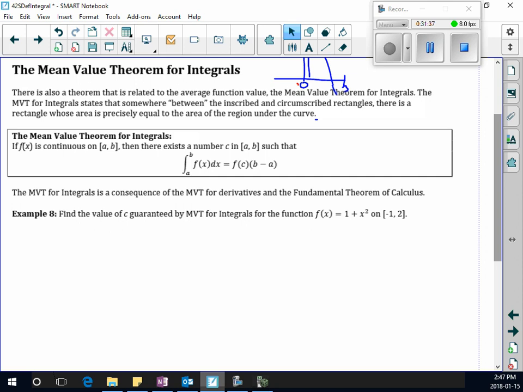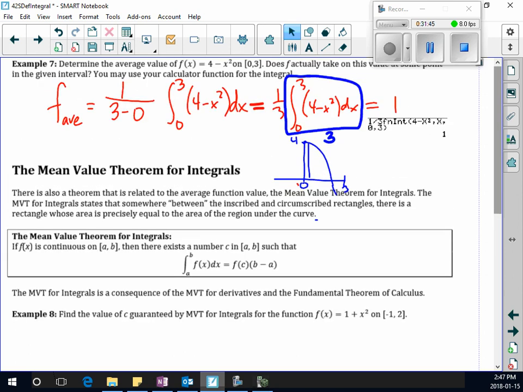So here the integral is equal to some value, because remember we have the average. It's like you were asking me, how is this 1? I'm just saying somewhere in here you have a total area of 1. So right here is this c, where if I were to find that area, that's basically the average area of all of it. But it wouldn't be right there because this would be too much area compared to that. But maybe.